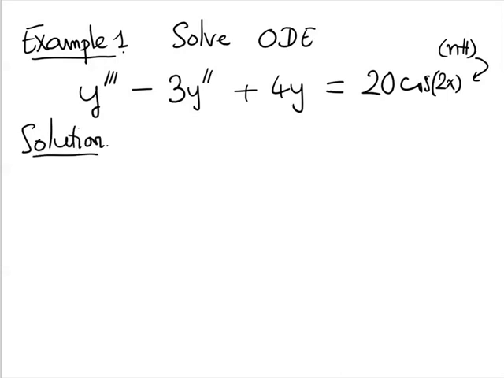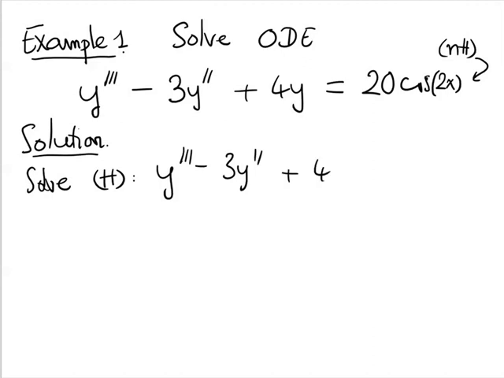To solve this equation, we first solve the corresponding homogeneous equation: y triple prime minus 3 y double prime plus 4y equals 0.